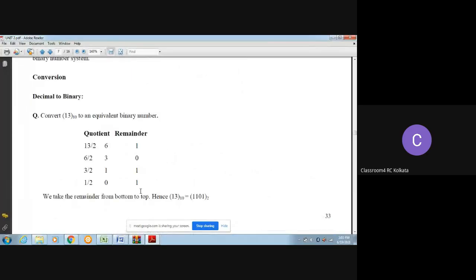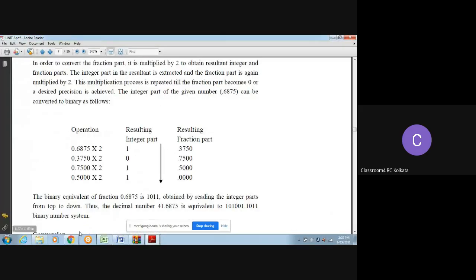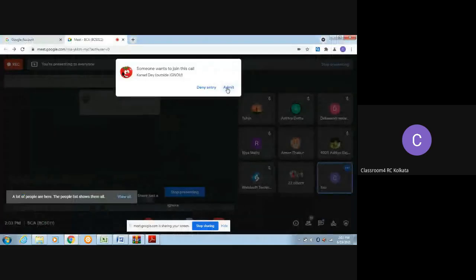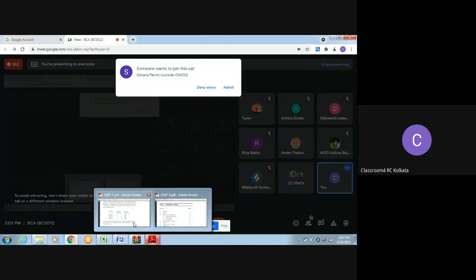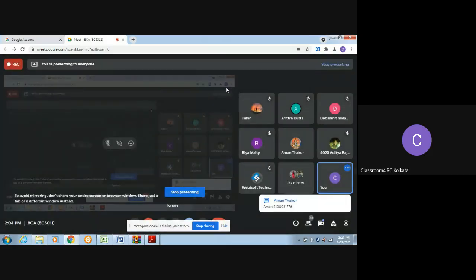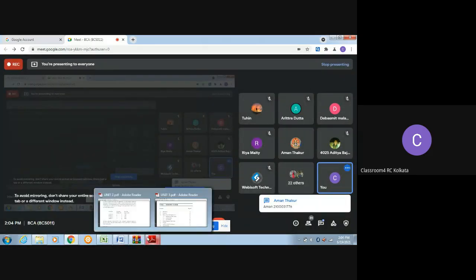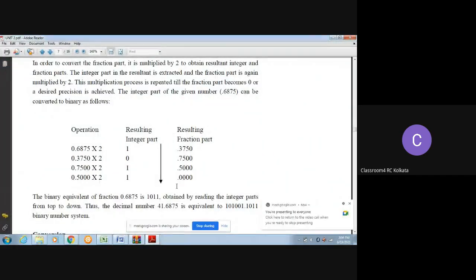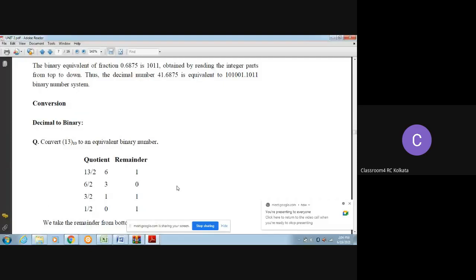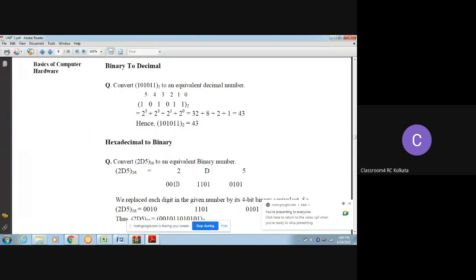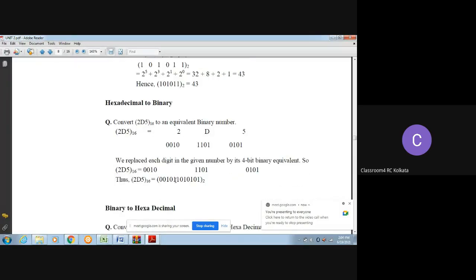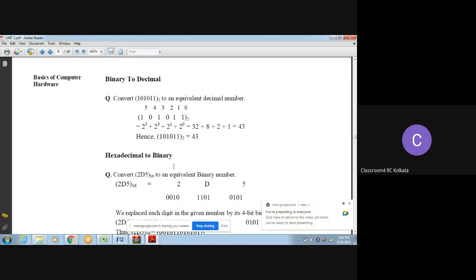Now we come to another conversion, that is hexadecimal to binary, right? All of you write down a chart.